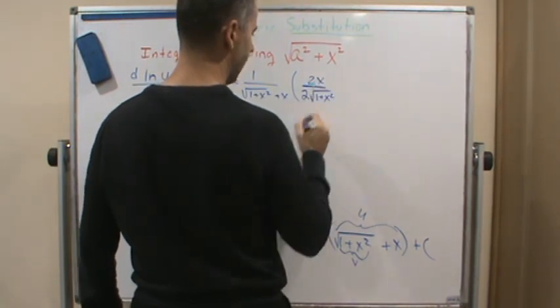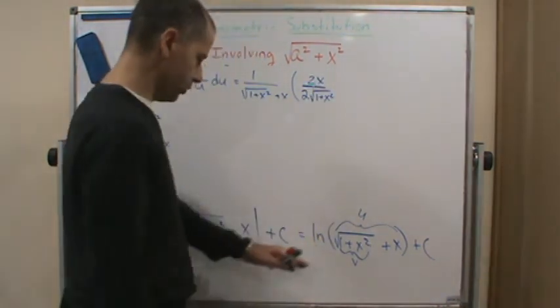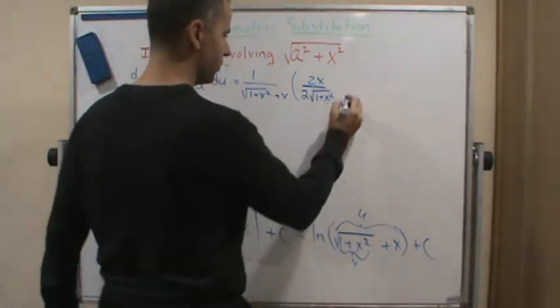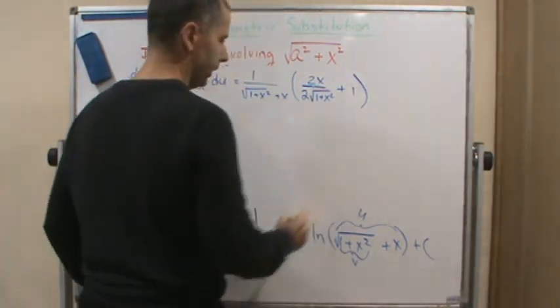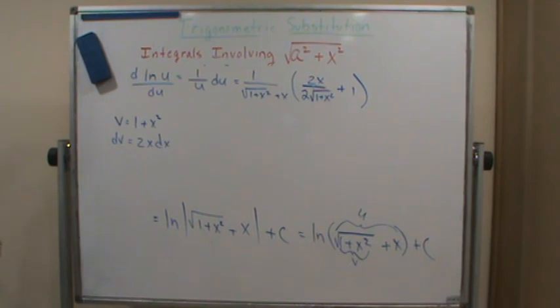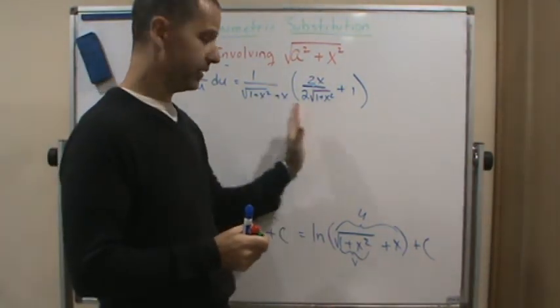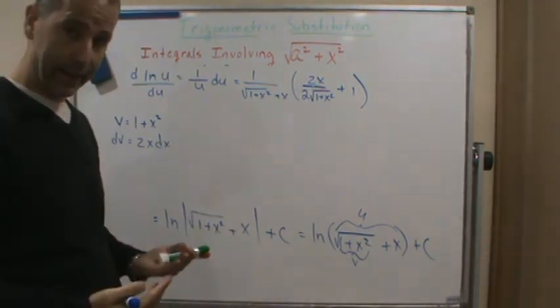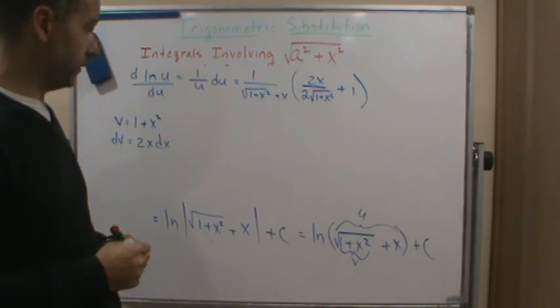So that goes on top. And then the derivative of this piece is just 1. And so that's what I get. Okay, so again, make sure you do this on your own. And again, if you have to break this out in further steps to make it clear, that's fine.